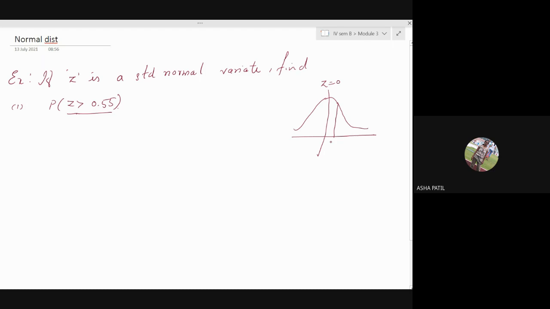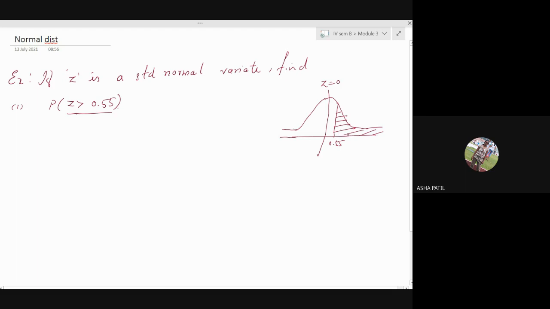This is, let us say, 0.55. Now what we want is Z should be greater than 0.55. The probability is nothing but the area under the curve. The area will give you the probability for the normal distribution. Now we want this shaded part value.